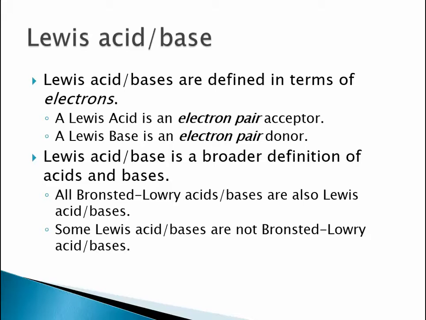Now that doesn't work the other way around. It's like saying all mammals are animals. You can say that. In other words, I can say all Bronsted-Lowry acids are also Lewis acids, but I cannot say it the other way around. I can't say all animals are mammals. That doesn't work because Lewis acid is a bigger, broader definition.